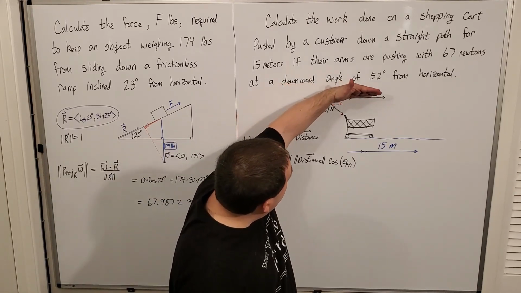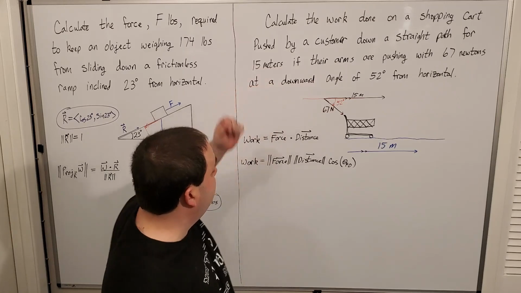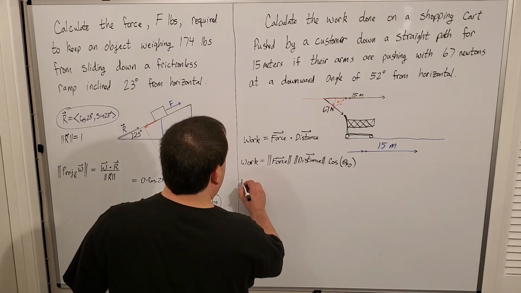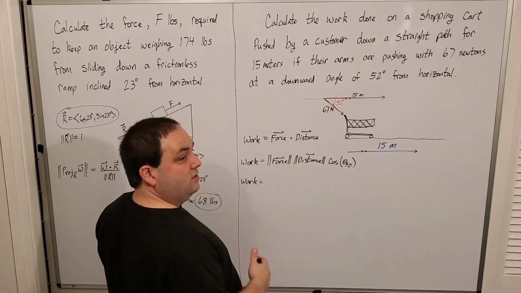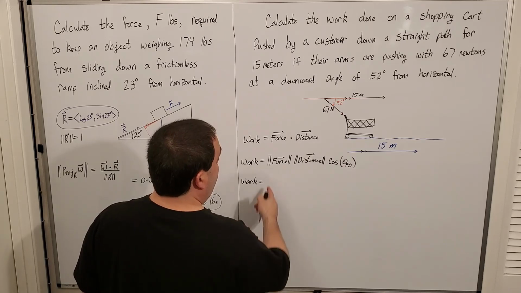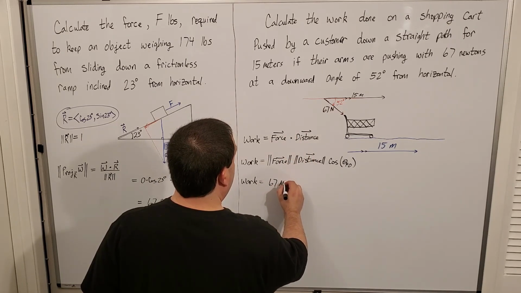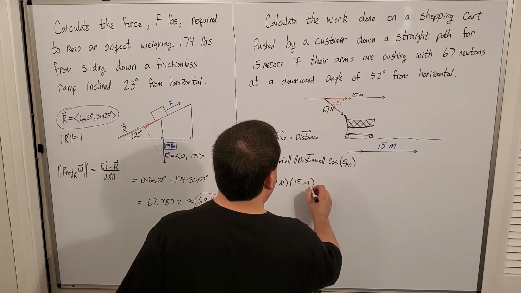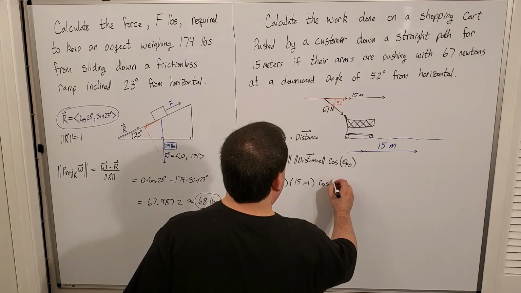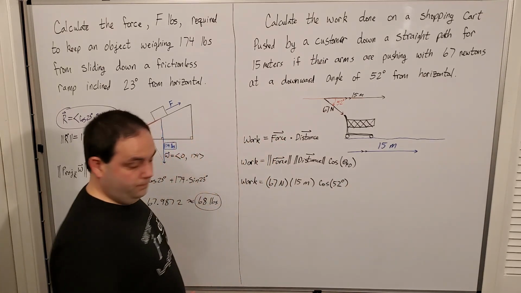You'll notice I have the 15 meters, the 67 newtons, and then I have the 52 degrees between them. So the work that we're going to calculate here, I can shortcut my dot product. Instead of having to actually create these vectors and then dot them, I can just use these magnitudes. 67 newtons times 15 meters times the cosine of 52 degrees, like so.